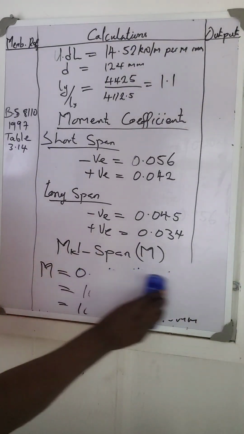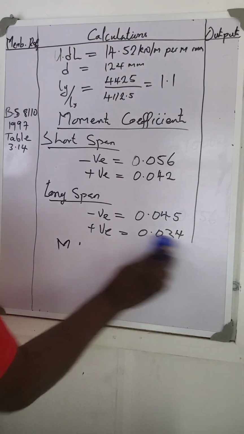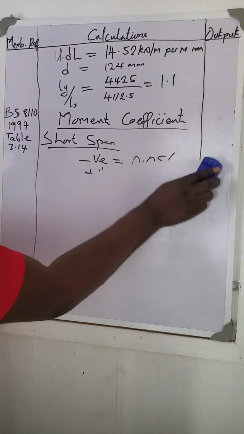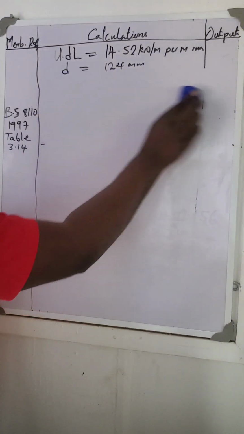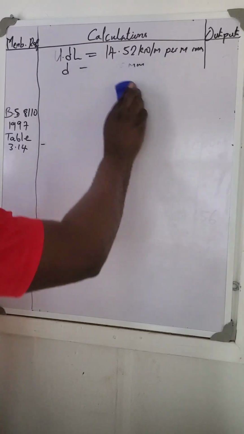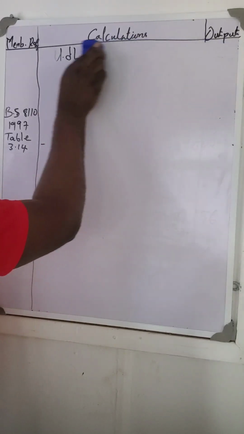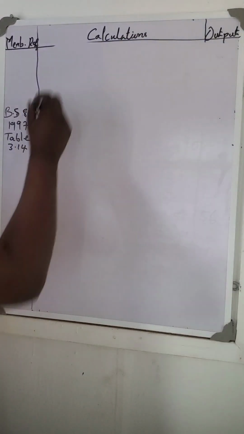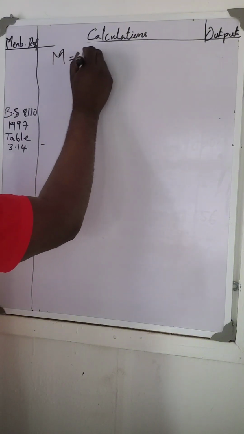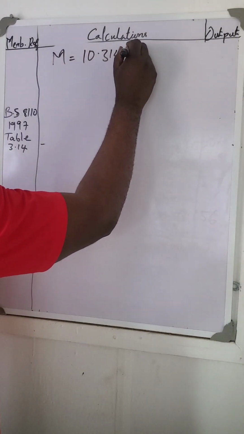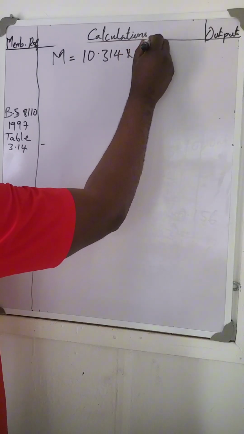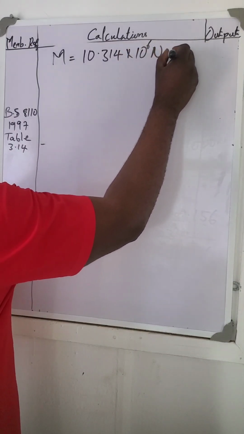All right, let me clean this. Quickly move to our K. Our moment equals to 10.314 times 10 raised to the power 6 Newton millimeter.